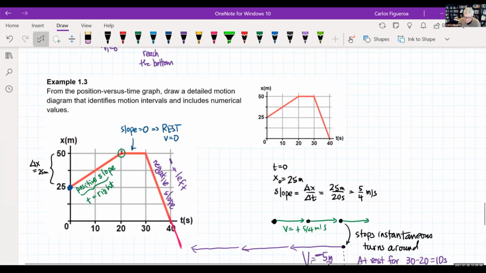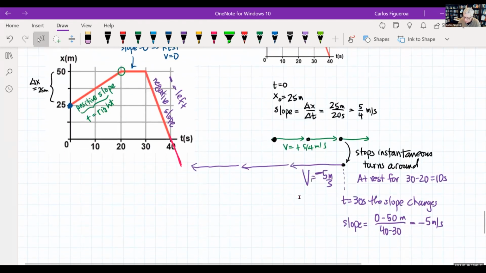And that's how I interpret this with our numbers. And then how long does it speed up for? According to this whole interval, it should be 10 seconds long. The green interval, which of course is not scaled right, is going for 20 seconds. And then we talked about the rest being 10 seconds.